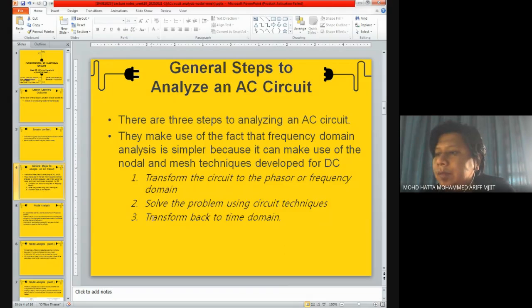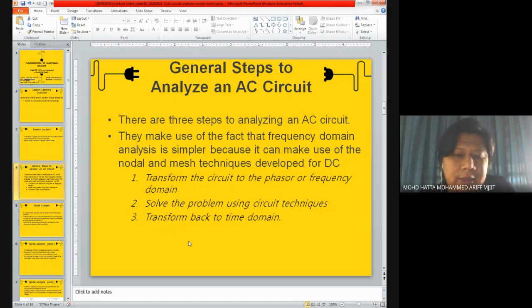And the third step is to transform back to the time domain. It doesn't matter whether you transform it back or not. However, you should follow whatever is stated in the question. If the question asks about, for example, the current flowing through branch number 1, please write it as a time domain equation.